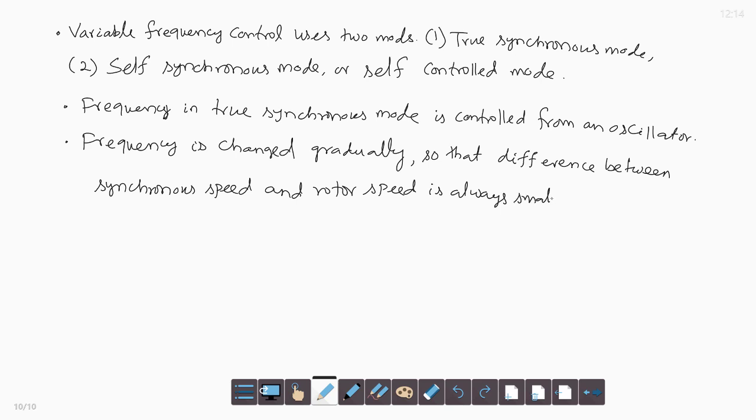That is very important in true synchronous mode. So, the rotor tracks the changes in synchronous speed.